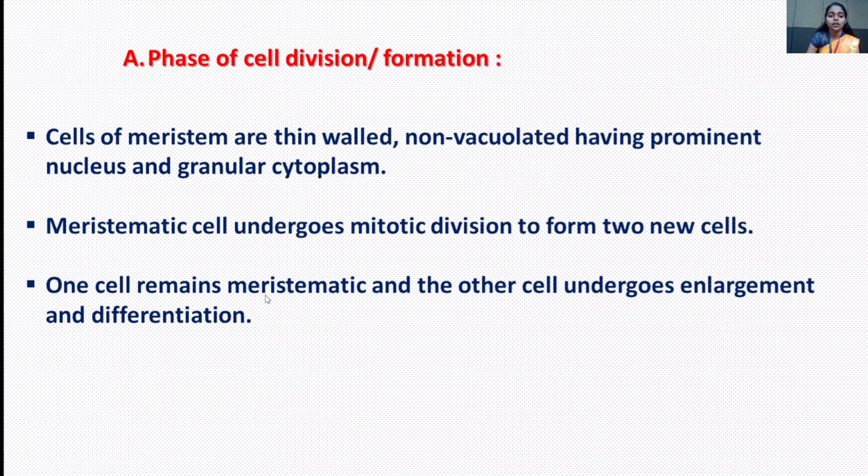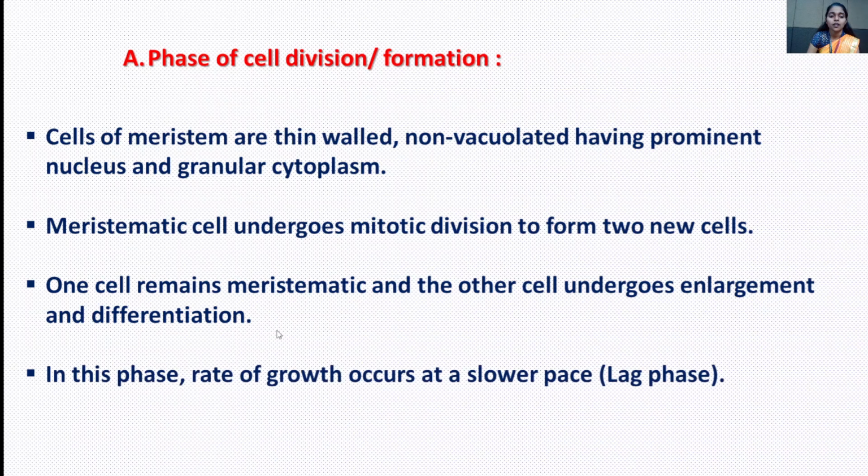One cell remains meristematic and the other cell undergoes enlargement and differentiation. In this phase, rate of growth occurs at a slower pace. It is the lag phase. You know the mitotic and meiotic divisions, reductional or equational divisions. These form in the phase of cell division.